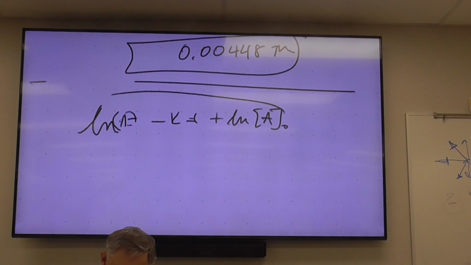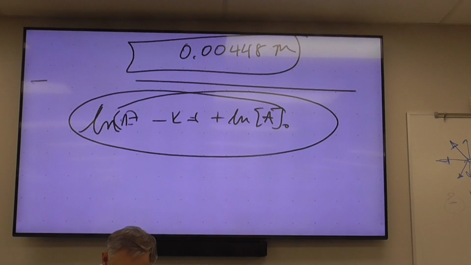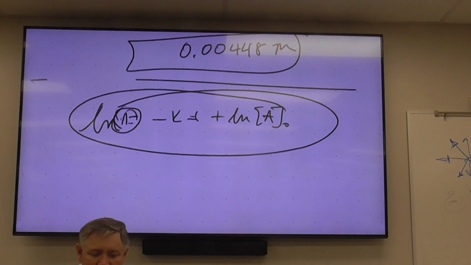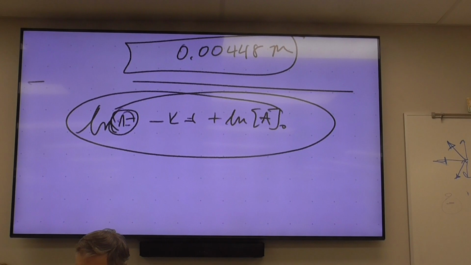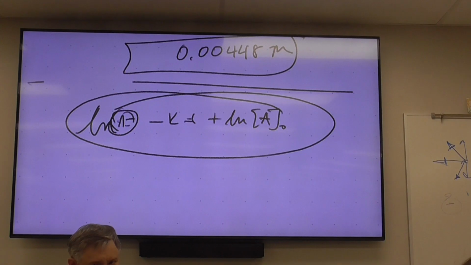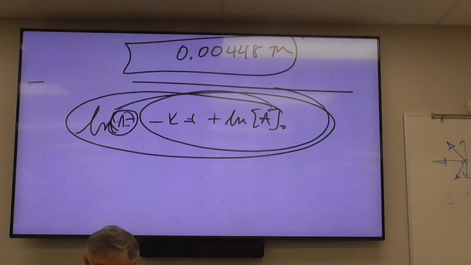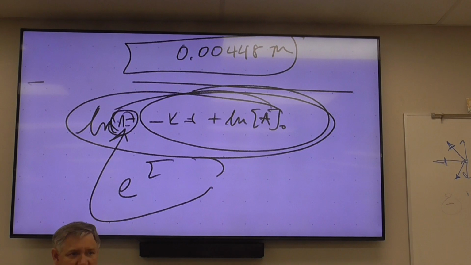If you're going to do this same thing and need to find A at some point, how do you undo a natural log? E, right? If it was log, it would be 10. So if it's a first order reaction, you're going to get this number, and then you're going to take e to that value to get the concentration of A at that point.